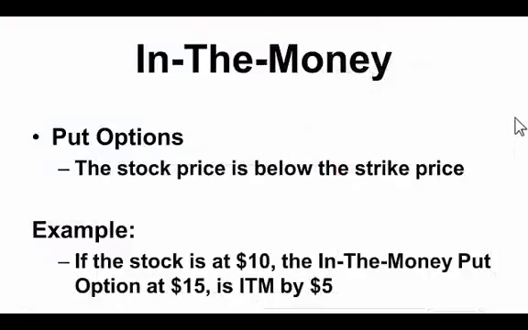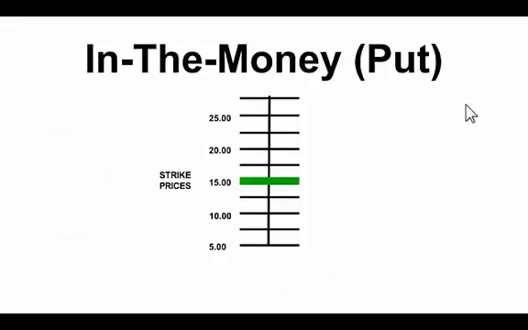In the money is if the stock price is below the strike price. For example, if the stock price is at $10, the in the money put option at 15 is in the money by $5. So here's an example. Let's just say that the stock is at $10, and we own the $15 put option.